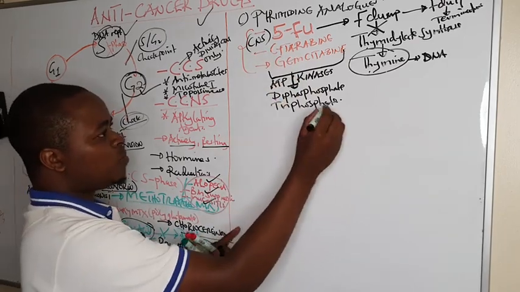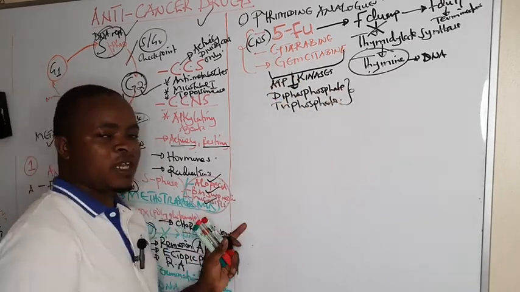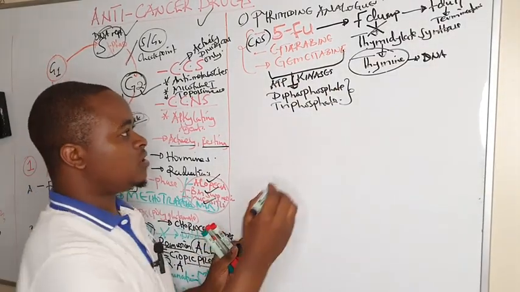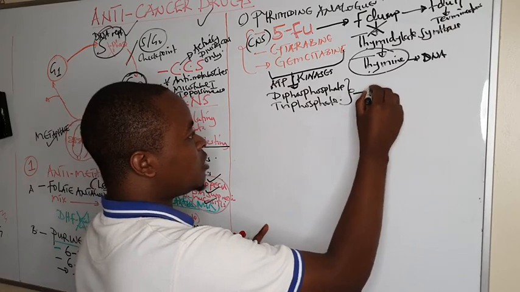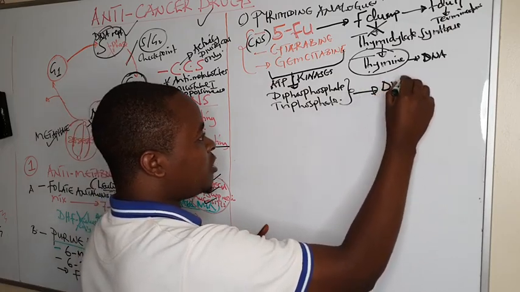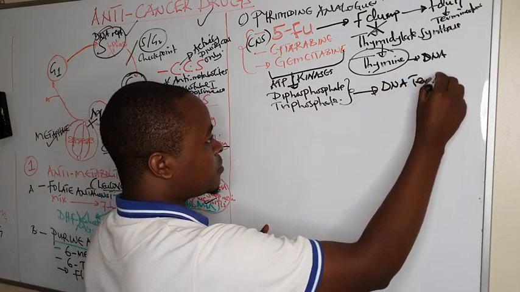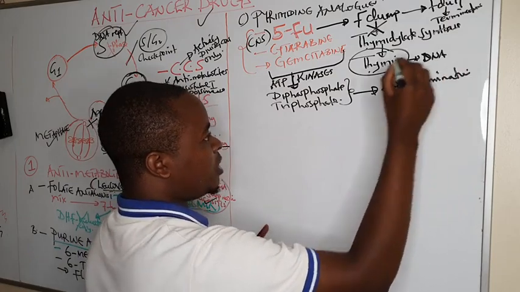And when these are incorporated in the DNA during DNA replication by DNA polymerase, they cause DNA chain termination, leading to premature DNA formation.